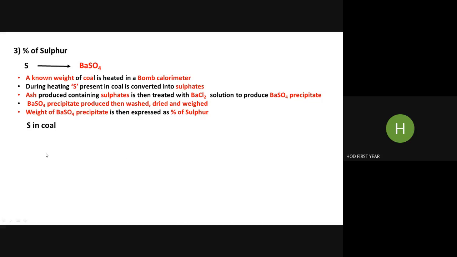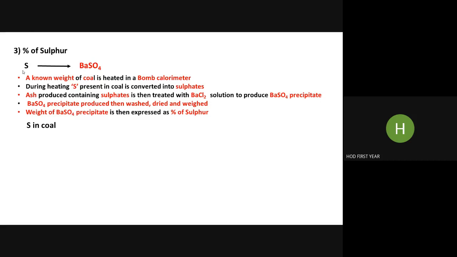So that is sulfur in coal. Now let us see the calculation directly. Now you understood how sulfur present in coal is converted to BaSO4. First is burning in presence of oxygen in the bomb calorimeter, when sulfur is converted to sulfate, which is there in the ash. That ash is taken out carefully. Okay, whole quantity is taken out. This is a quantitative experiment.